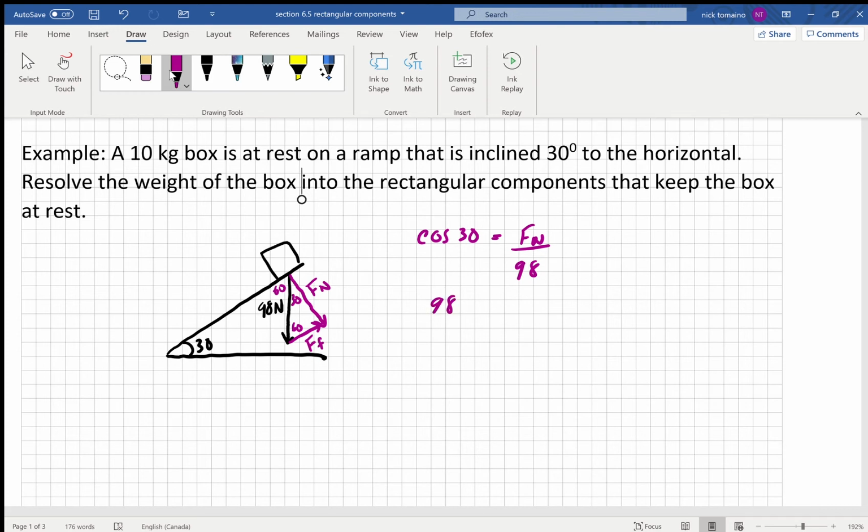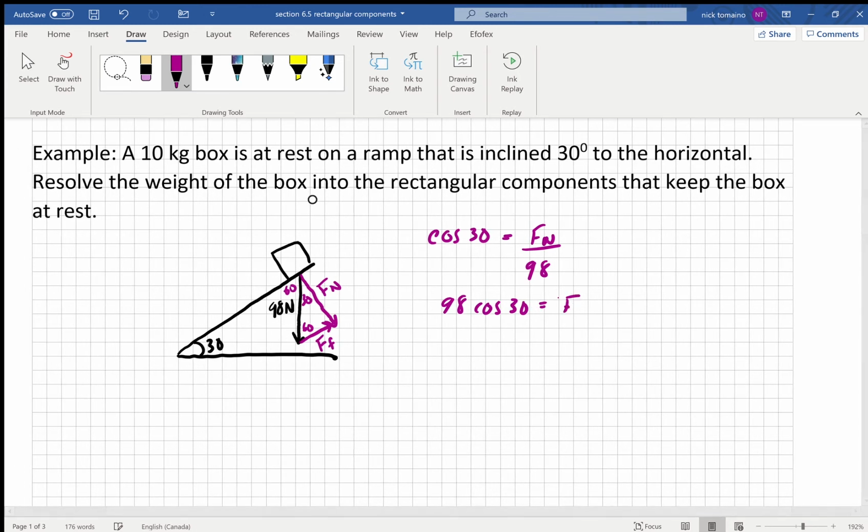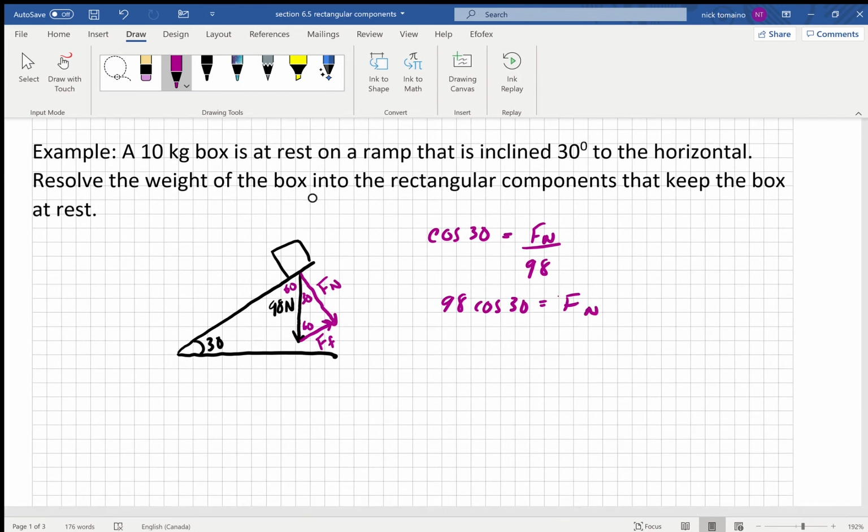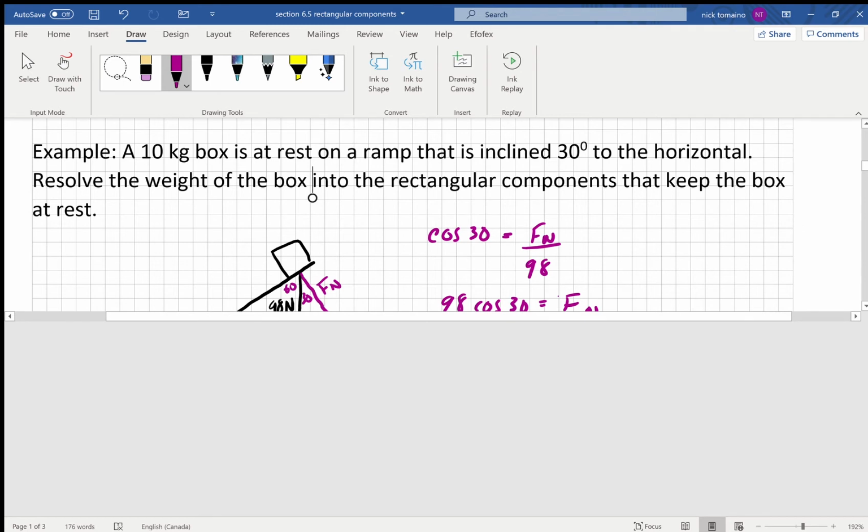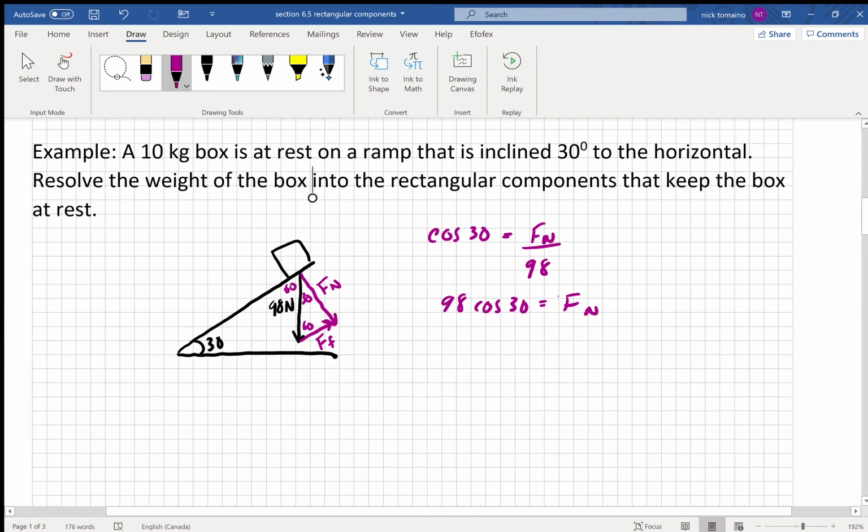So we have 98 times cos 30 is equal to Fn, and we get Fn is equal to 84.9 newtons. And then the other one is the force of friction.